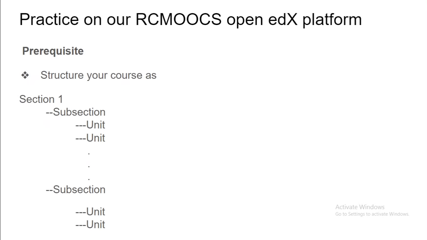If I talk about Design and Analysis of Algorithms, I can say the section name is Divide and Conquer, the subsection name can be Sorting Algorithms, and the unit name can be Bubble Sort. So from top to bottom you can structure the syllabus, for history, geography, or any subject, in that way. I will take an example on that platform.